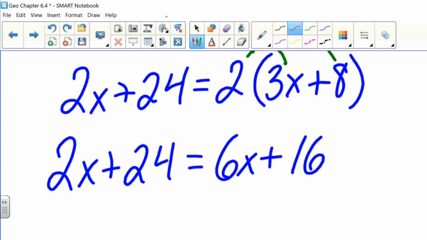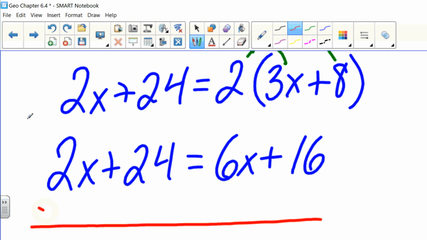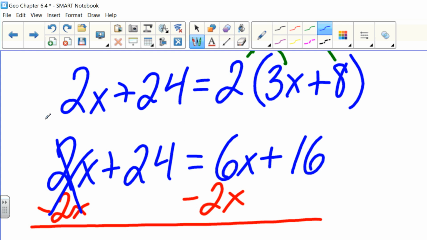What would we need to do next? We can subtract 2x. We could subtract 16. That would work out just fine. Here we're going to subtract 2x, because 2x minus 2x would cancel, giving us 24 is equal to 4x plus 16.